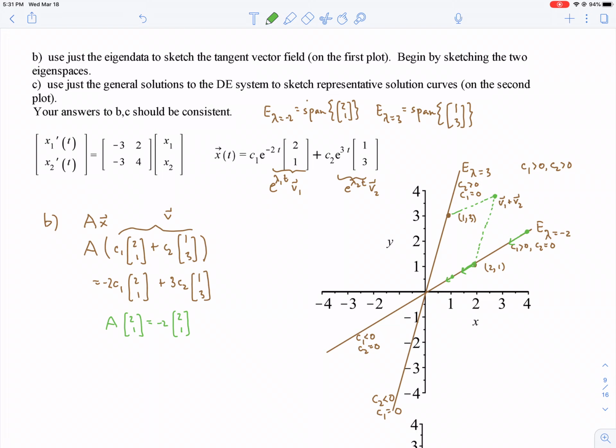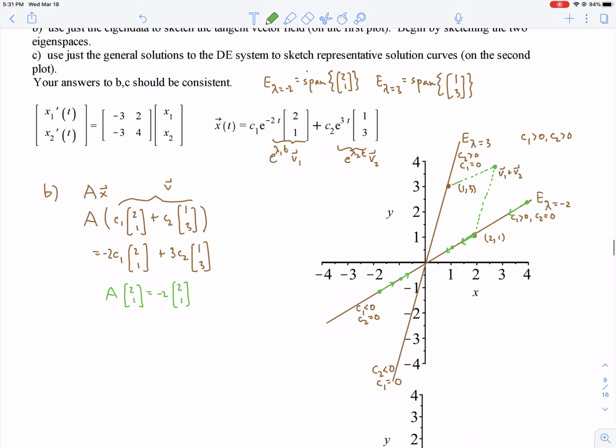And if I take A times the opposite of (2, 1), I'll get the opposite tangent vector. This is analogous to what we were doing with the complex eigendata. If I take A times the opposite of half of (2, 1), I'll get half of that, half of A of (-2, -1).